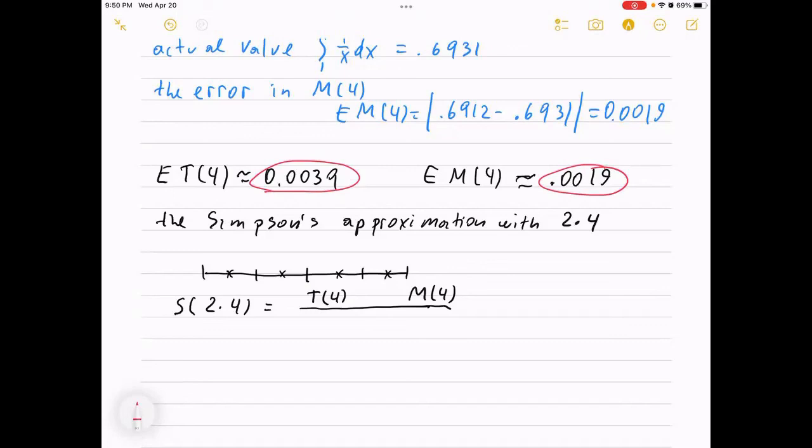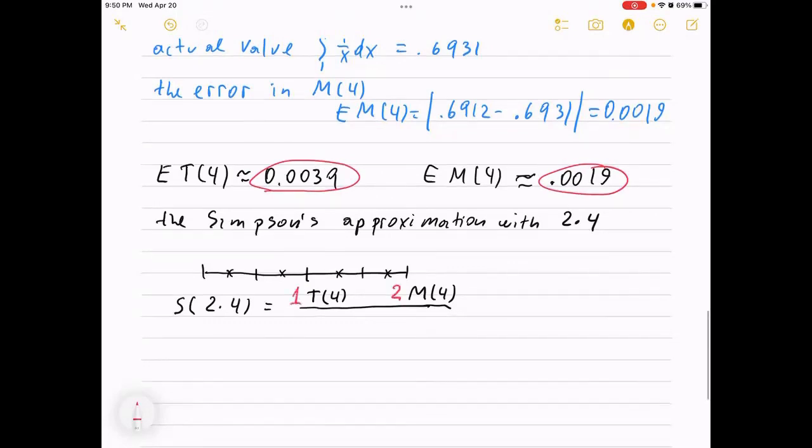So we don't want to take T4 plus M4. We want to take 2 of midpoint and 1 of trapezoid. We want to add them up, but to keep the average the same, we're going to divide by 3, because we took 2 midpoint and 1 trapezoid.